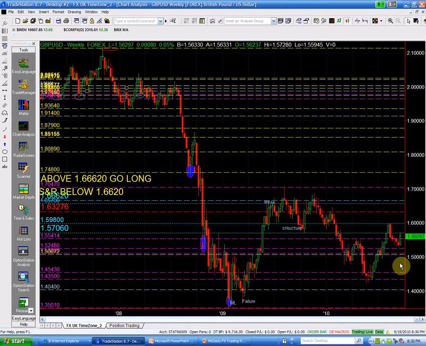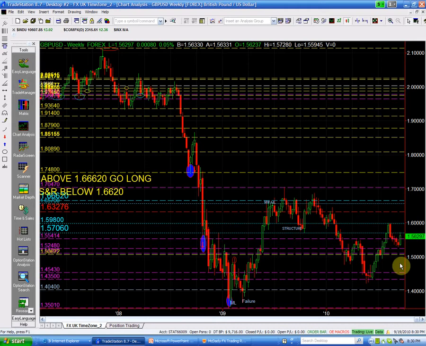This is not a very encouraging sign for the pound. And since this is the pound dollar, since we have a buy signal on the dollar, that would indicate the probability that the pound itself might move down. So you might see a very interesting situation next week in the market.